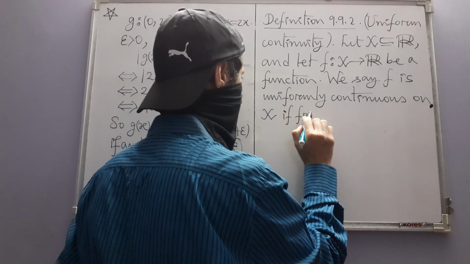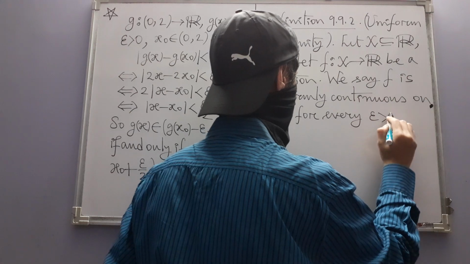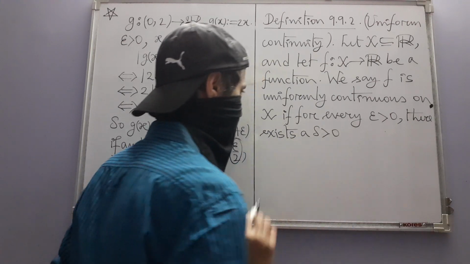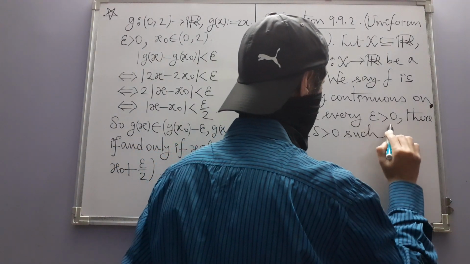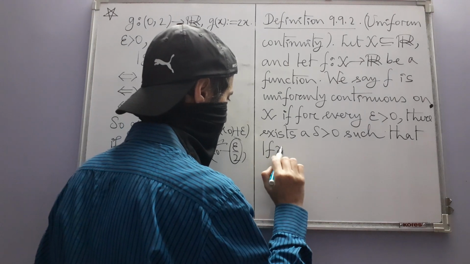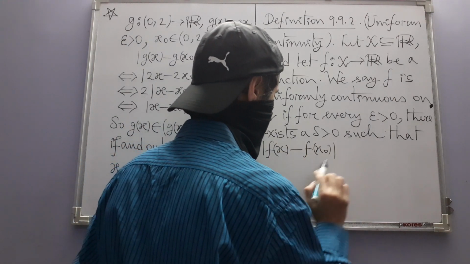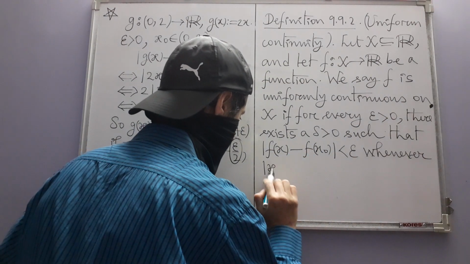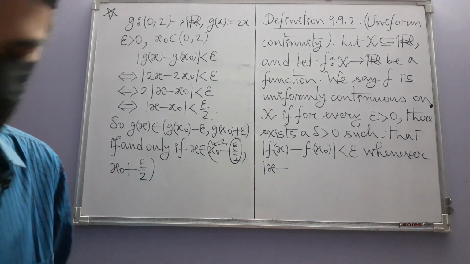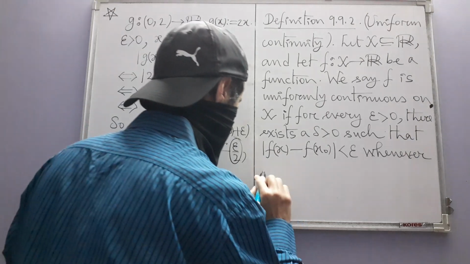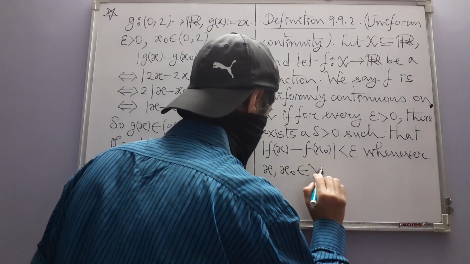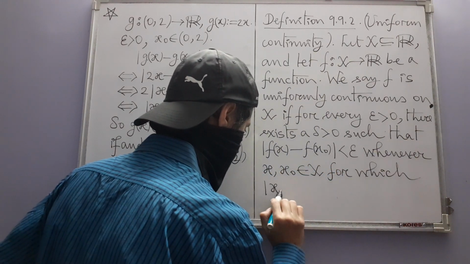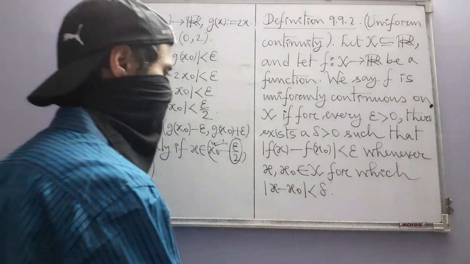If for every epsilon greater than 0, there exists a delta greater than 0 such that the distance between f of x and f of x naught is less than epsilon whenever x and x naught are points in X for which the distance between them is less than delta.